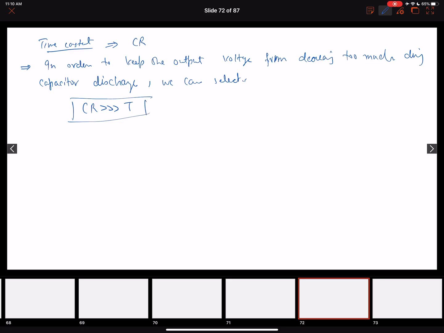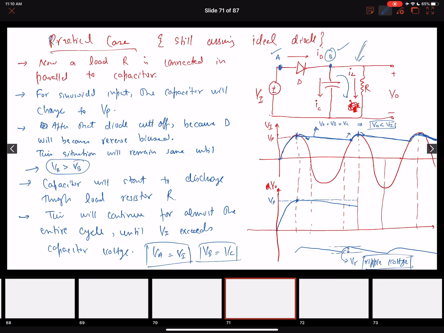All right, if I make sure, right, so our time period of the waveform is from here to here, right? So this is what we have as a time period of this waveform.